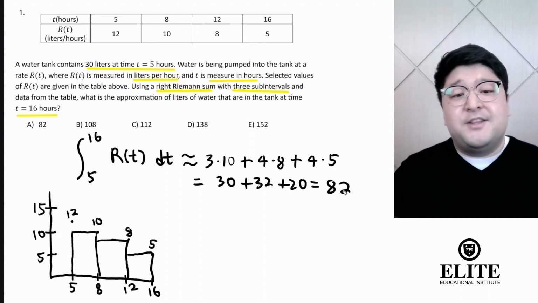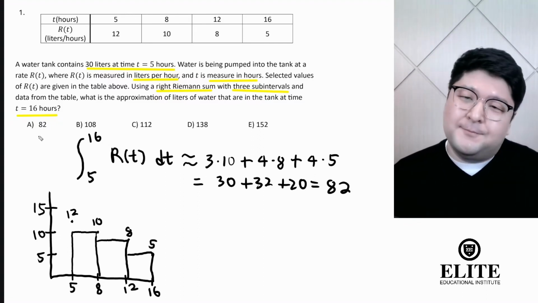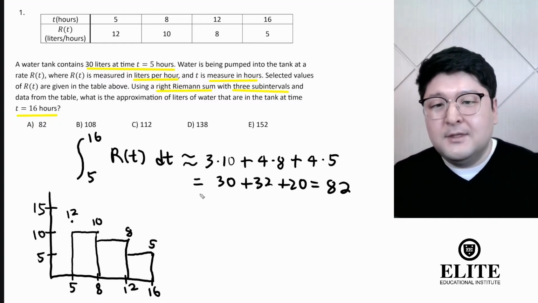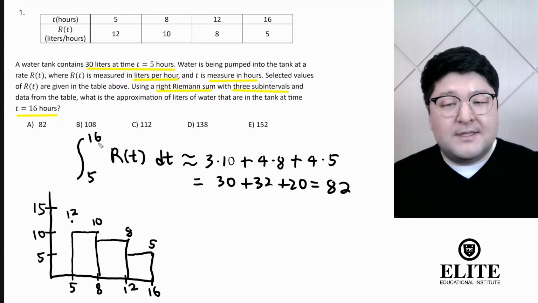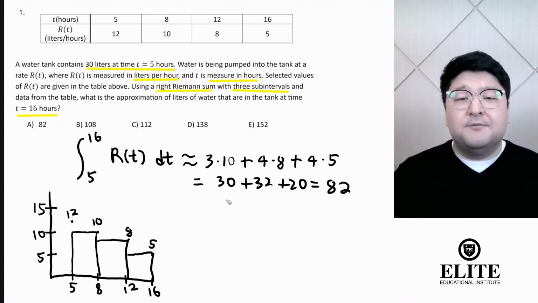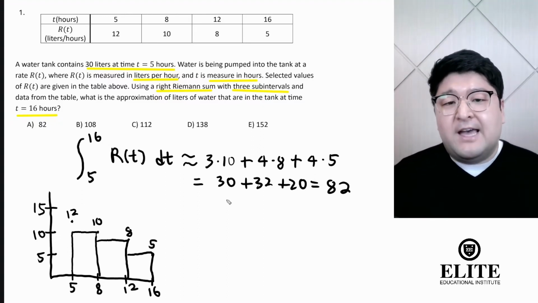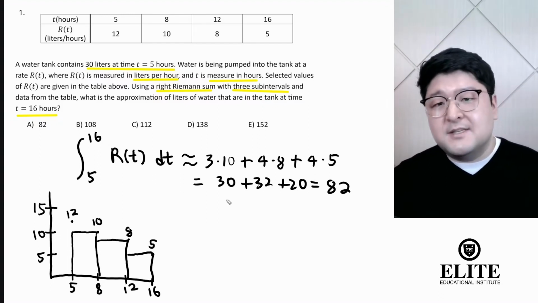So is our answer 82? Well, College Board likes to trick us sometimes with the answer choices, so we have to be careful. The integral from 5 to 16 only finds how much water was pumped into the tank from 5 to 16 hours. So we have to add how much there was initially at t equals 5, which was given to us at the beginning of the problem.